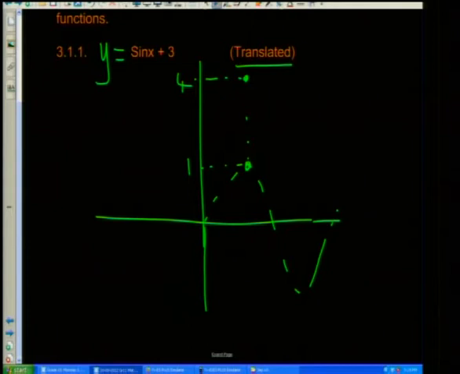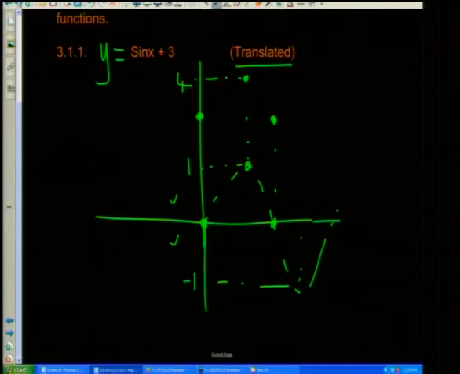If it was 0 here, you add 3 units, you end up at 3 there. And over there, if it was 0, you end up with 3. You just plot those key points quickly. From minus 1, if you add 3 units, that's 1, 2. The third unit, if this is 3 here, 2 will be somewhere there.